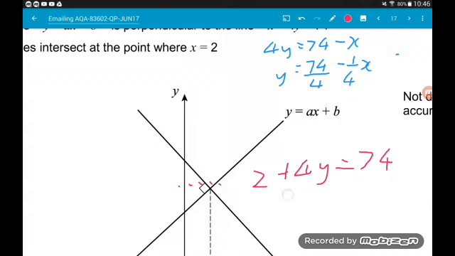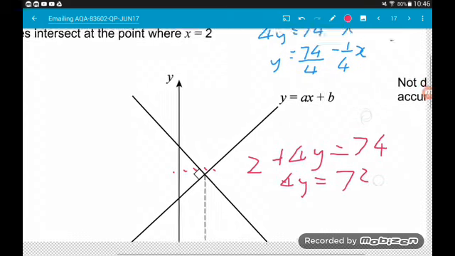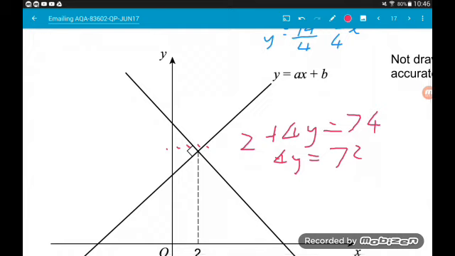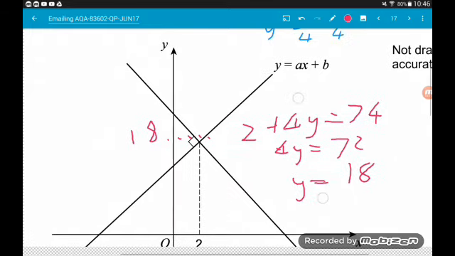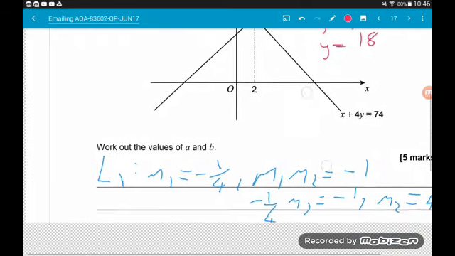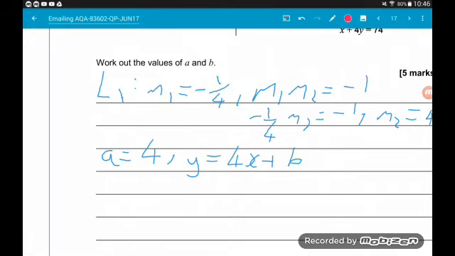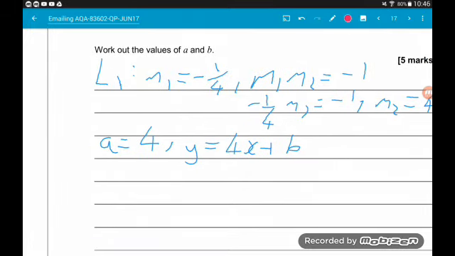Take away the 2. 4y is equal to 72. And then if we divide that by 4, we get y is equal to 72 divided by 4 is 18. So the y coordinate here of the intersection point is 18. How does that help us? Well, that tells us now a set of coordinates on our line y equals ax plus b.